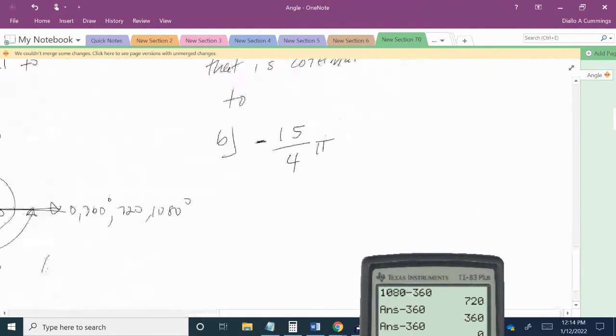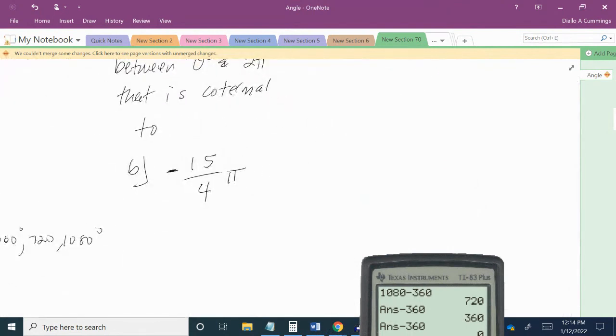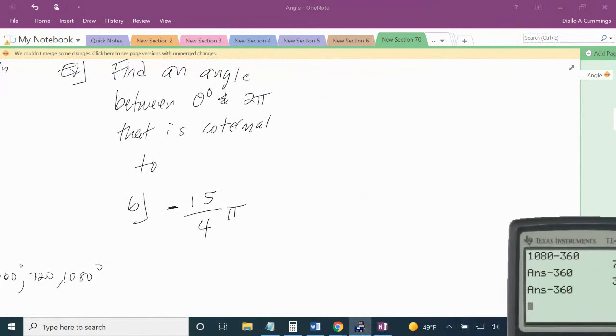All right, now for this one, even though I didn't talk about an example actually converting one from radians, okay? So the first thing I'm going to do here is add 360 degrees until I get something positive.